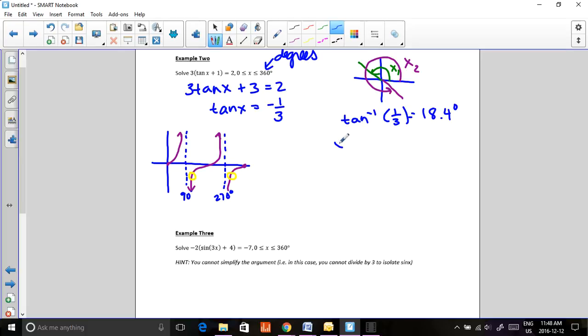So x1 is 180 degrees minus 18.4 degrees, which gives us 161.6 degrees, and x2 is 360 degrees minus 18.4 degrees, which gives us 341.6 degrees. Those are our 2 answers within the given interval.